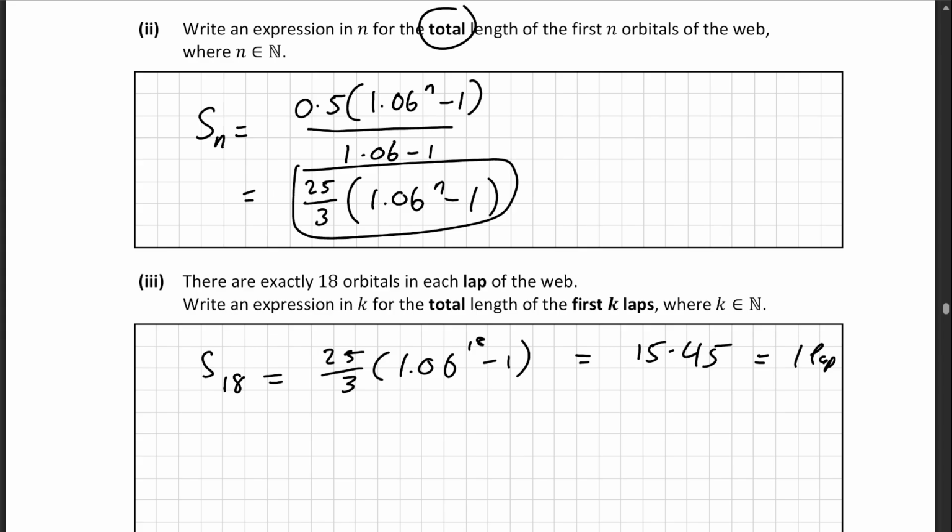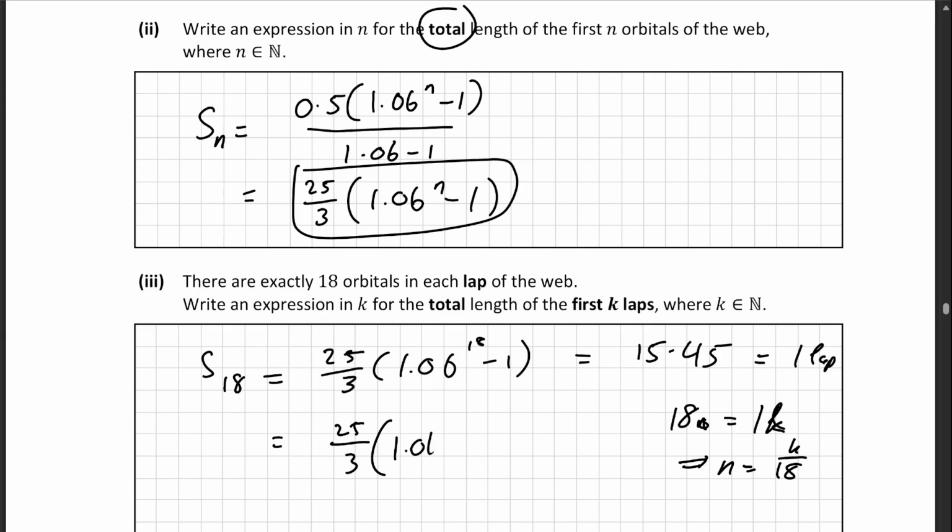Okay, I kind of jumped the gun a bit there. So each one's going to get longer by 1.06. So we're going to group things into 18s. So actually, if I replace this with, say, 18 orbitals equals 1 lap, we can replace n with k over 18.